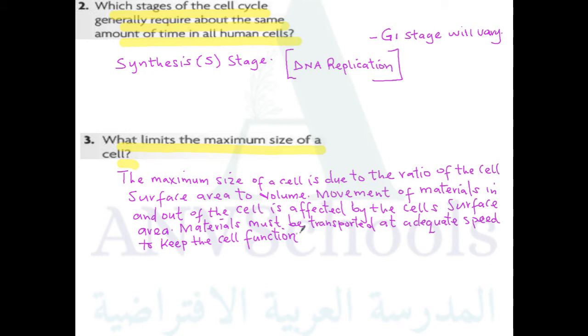So if materials, for example, will delay to reach where they are required to provide energy, or if the wastes will overstay in the cell, then it will be a disaster for the cell.